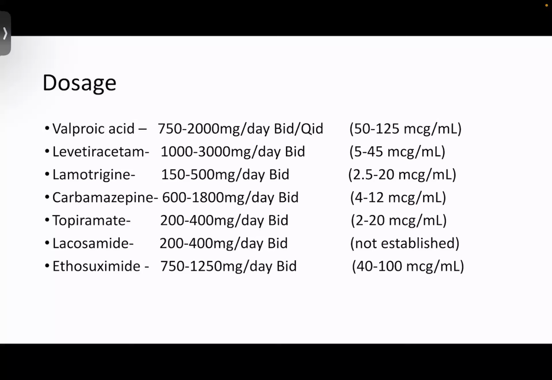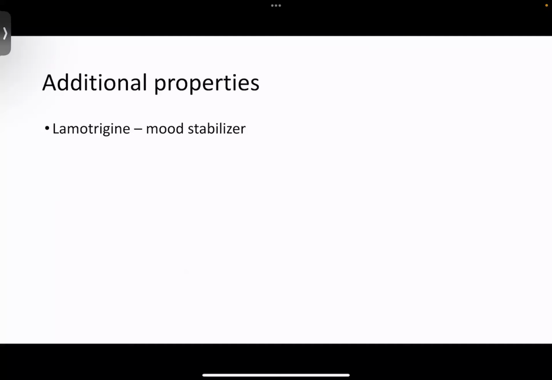And levetiracetam, 1000 to 3000 mg per day, BID can be given. Lamotrigine, 150 to 500 mg per day, BID. Carbamazepine, 600 to 1800 mg BID. Topiramate, 200 to 400 mg per day, BID. Lacosamide, 200 to 400 mg per day, BID. And ethosuximide, 750 to 1250 mg BID.